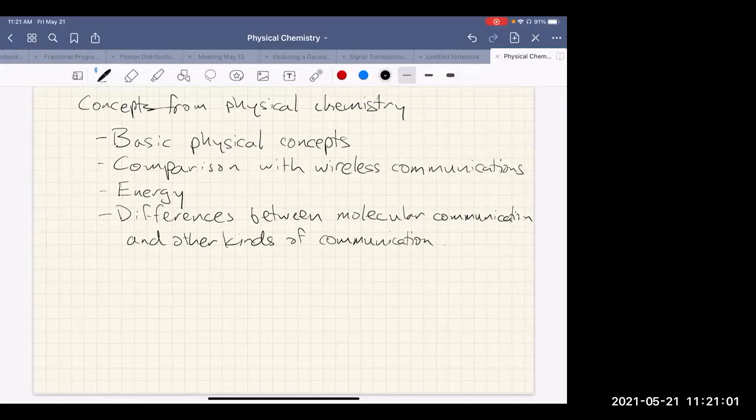Subsequently, we'll talk about chemical reactions. So we'll delve in some detail into the physics of chemical reactions. And we'll talk a little bit about things like what is a reaction, what are some basic kinds of reactions. We will talk about an important concept called mass action kinetics.